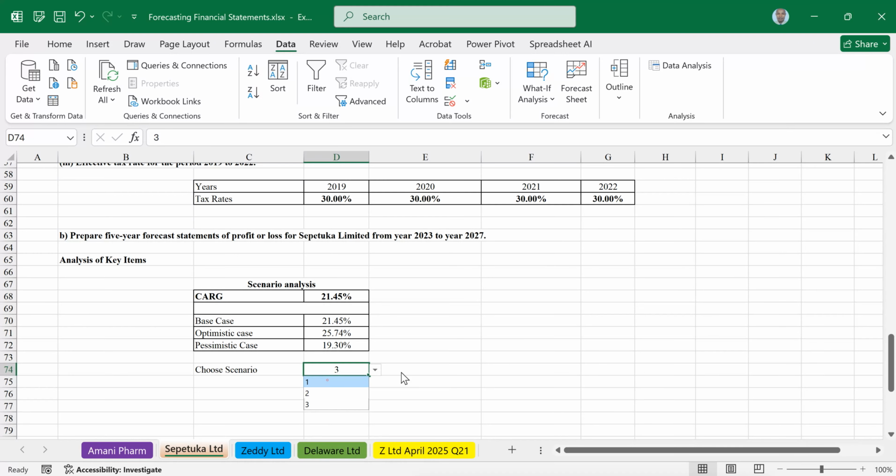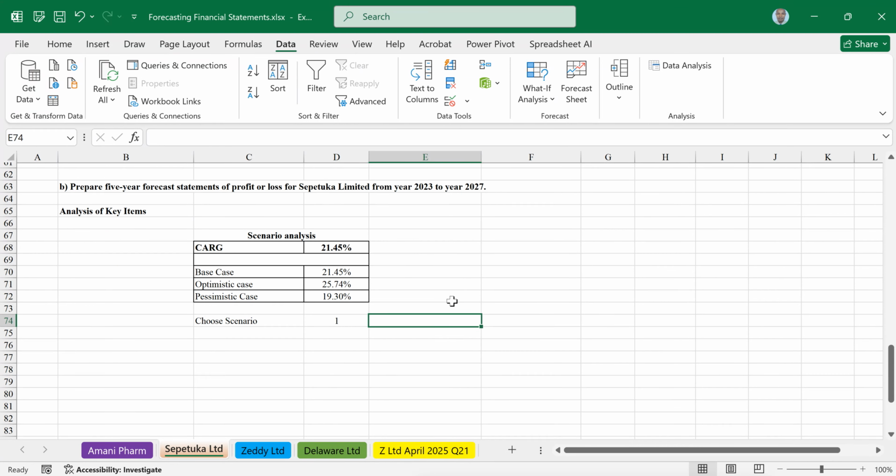So 1. Now on the cell that follows on the right here, we want to use the if statement. So that will be equal sign if, then tab.